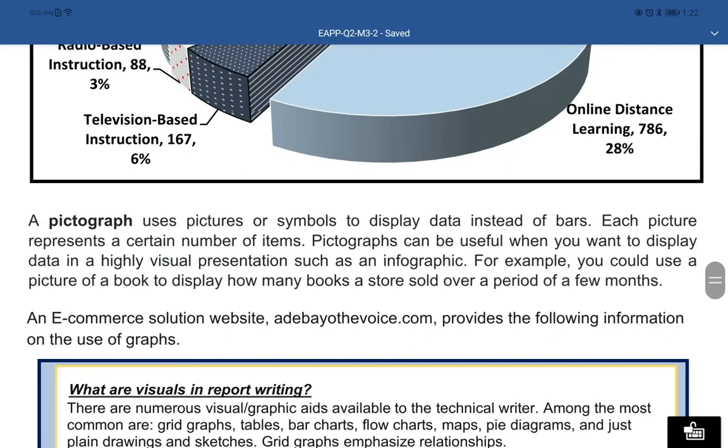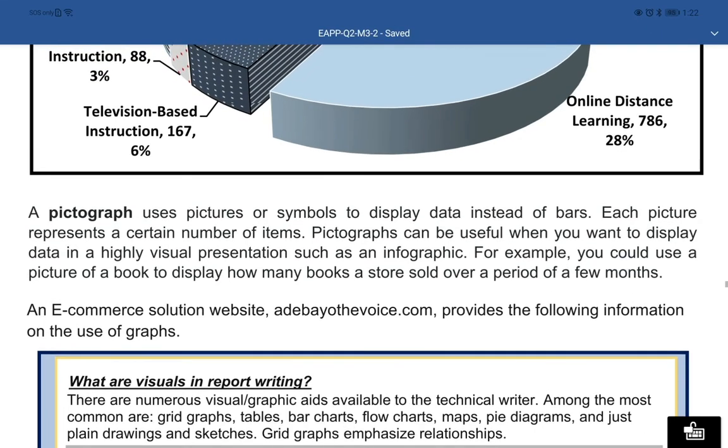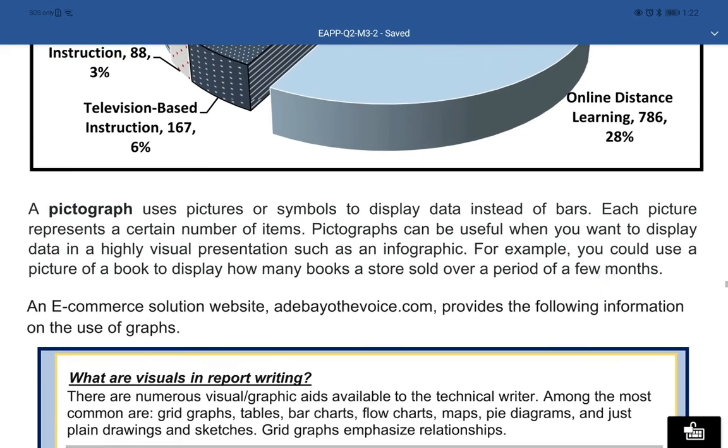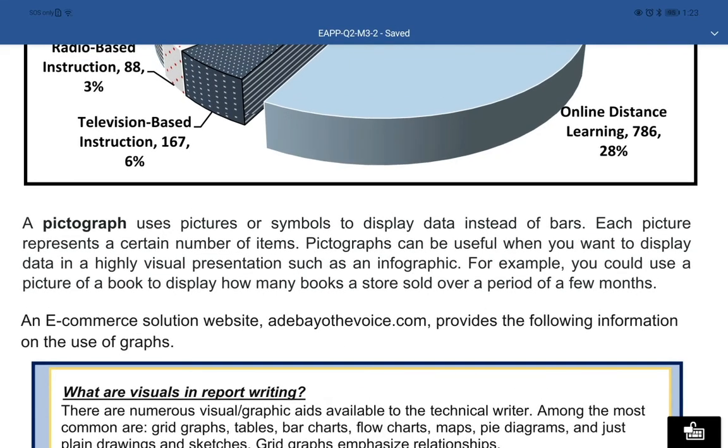We have blended learning, modular distance learning, online distance learning, radio-based instruction, television-based instruction. Okay, so, nahati siya, yung buong modality into these parts, based on the responses of the parents, kung anong gusto nilang klase ng modality para sa anak nila.